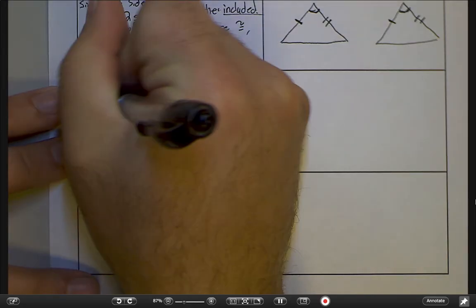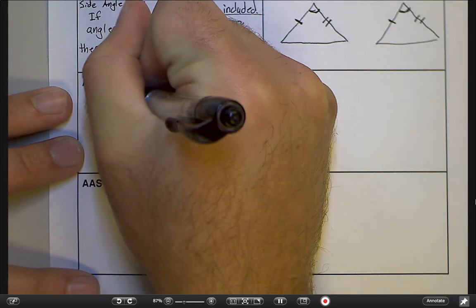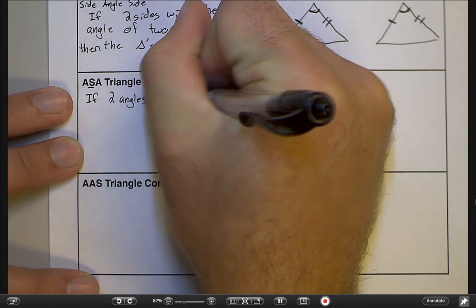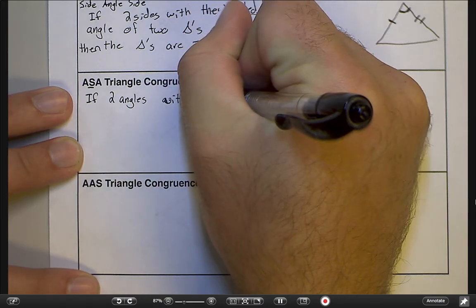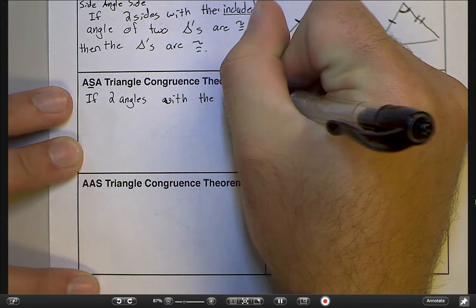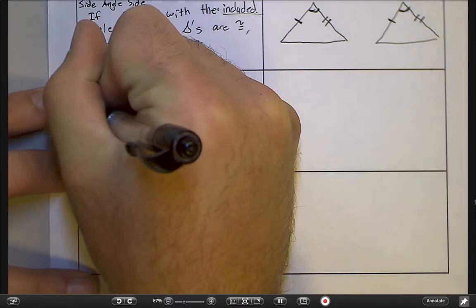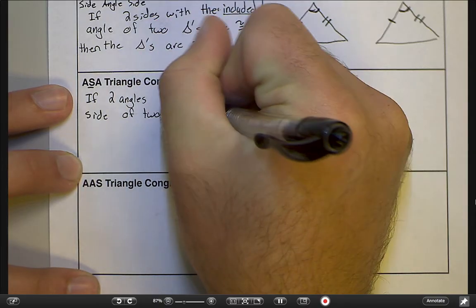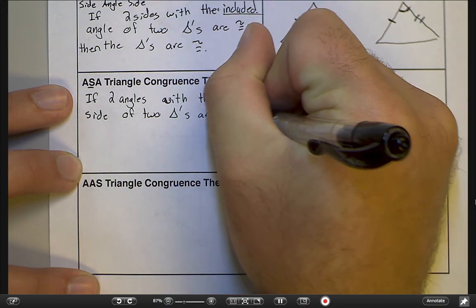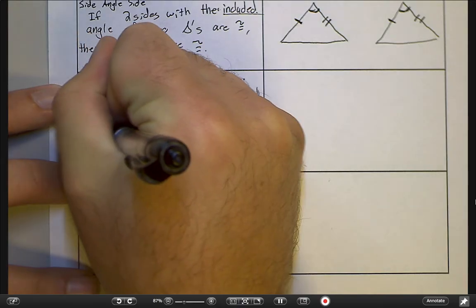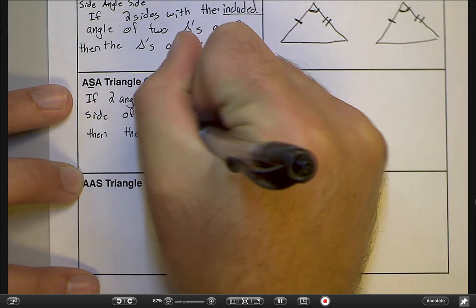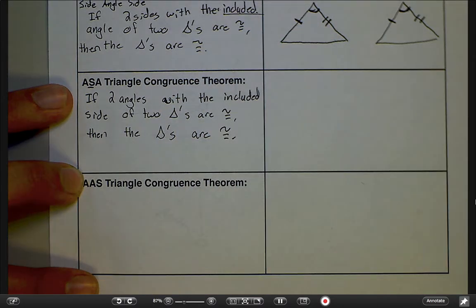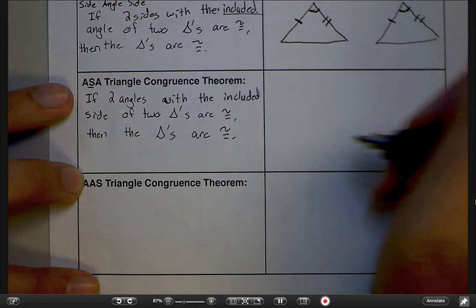So we're going to say if two angles with the included side of two triangles are congruent, then the triangles are congruent. So if I have two angles with the side in between, that is also enough information.